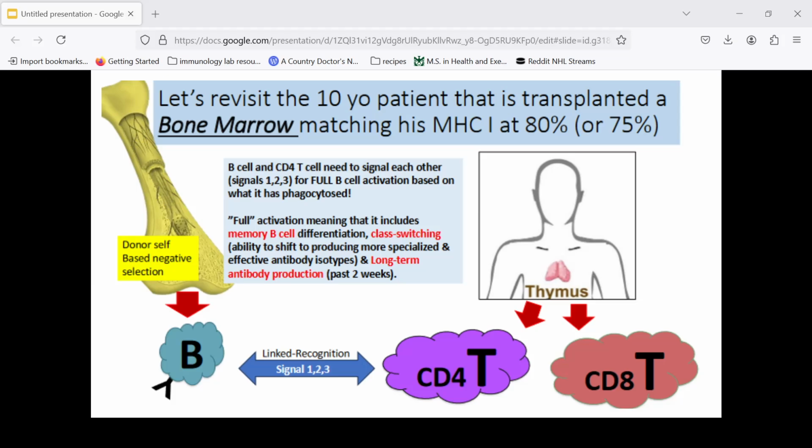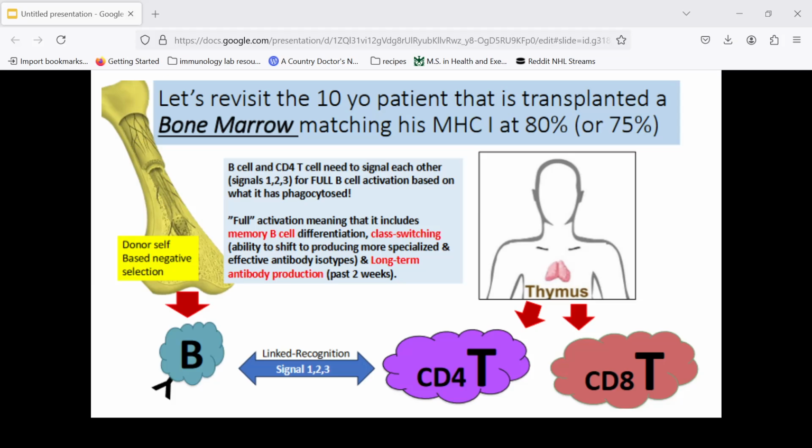I'm going to talk real quick about a liver transplant or another organ transplant, just so that we're clear what the comparison is. If we have a liver being transplanted, liver. There we go.